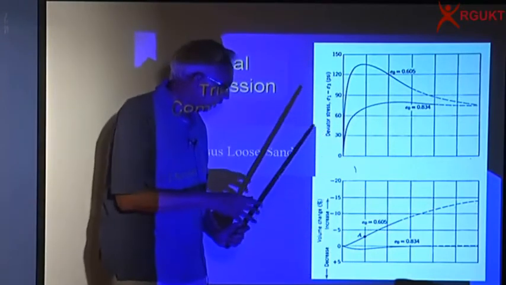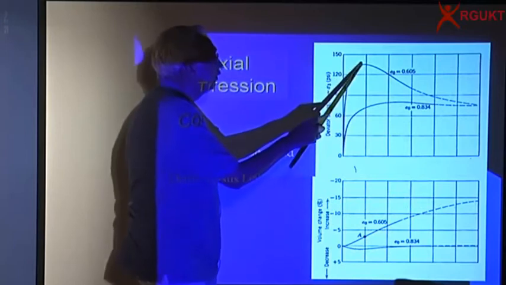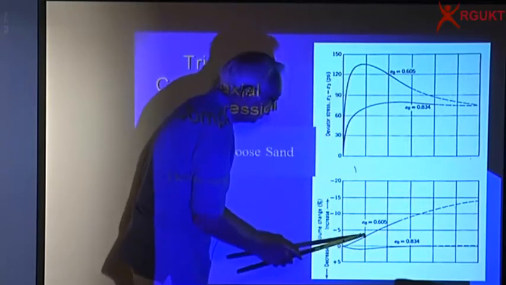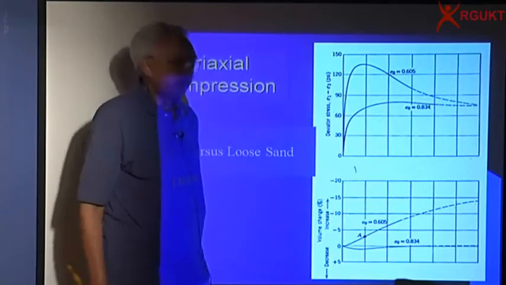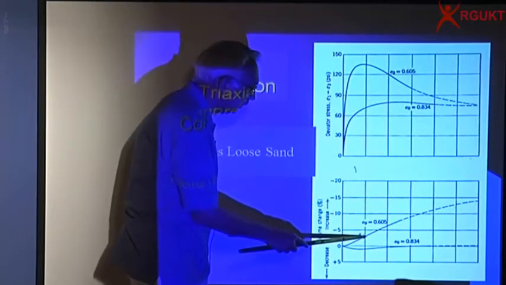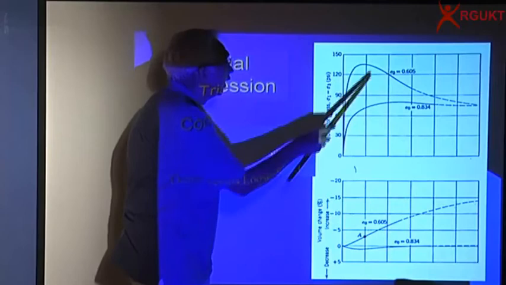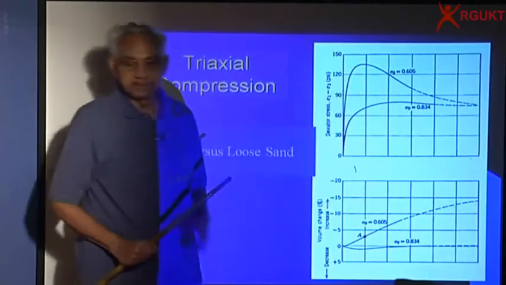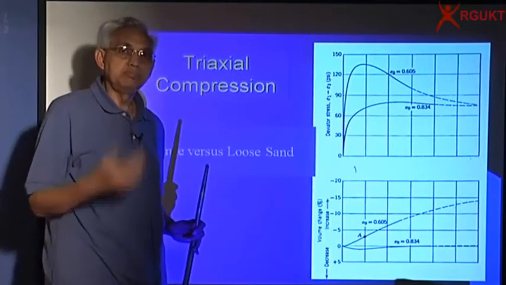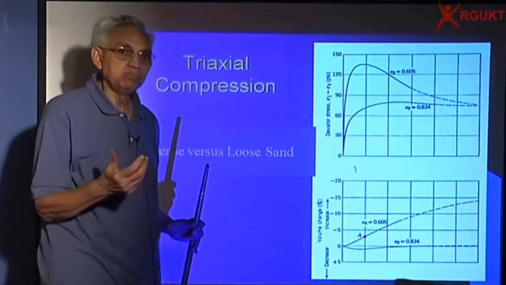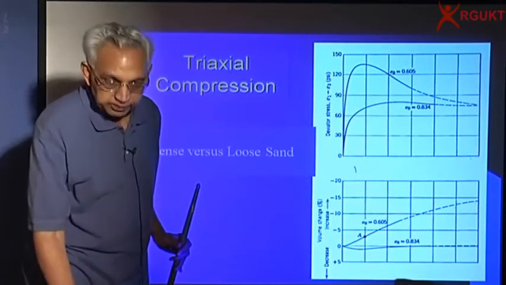The most important thing I would like you to see is that at the peak strain, the slope of this curve is the steepest. So that is where the maximum amount of work is being done, and that is why you get a very large strength. So the strength of sands or soils is because of cohesion, friction, plus energy used to shear it.